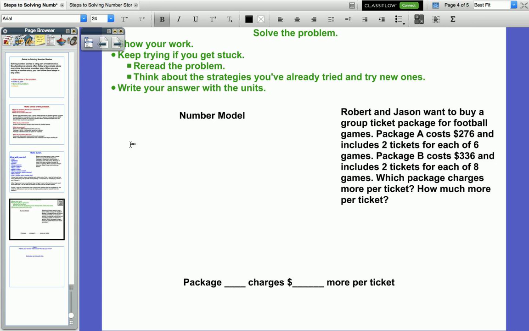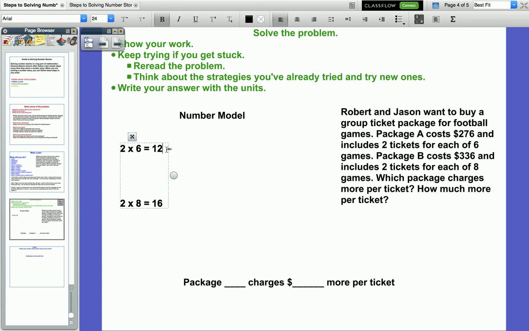So the first thing that I had to do was multiply, okay? So I did my 2 times 6 equals 12 for package A, and 2 times 8 for package B. Okay, so that was my step 1, to find out how many tickets.